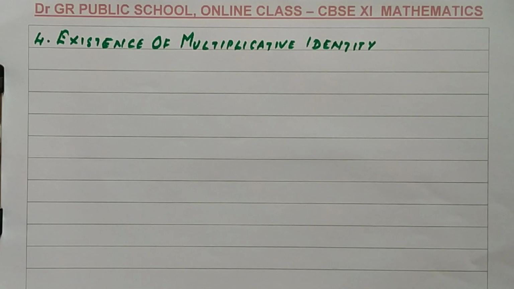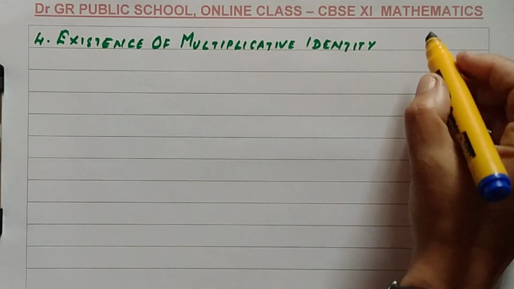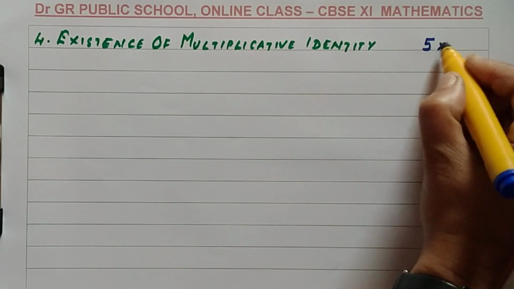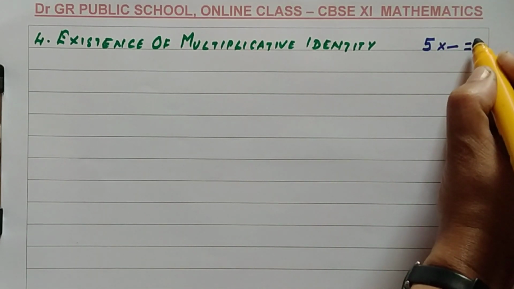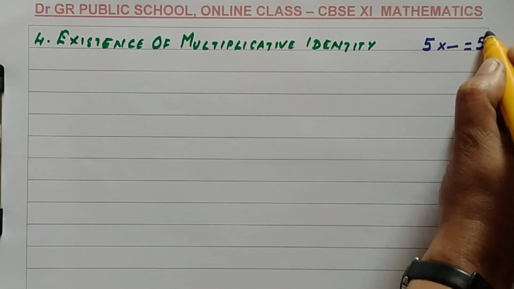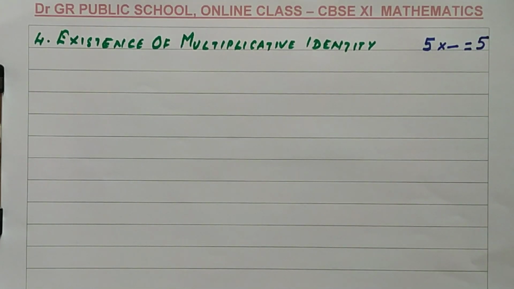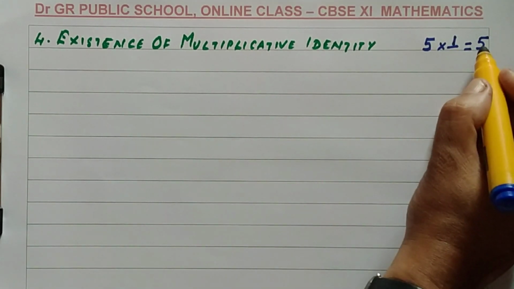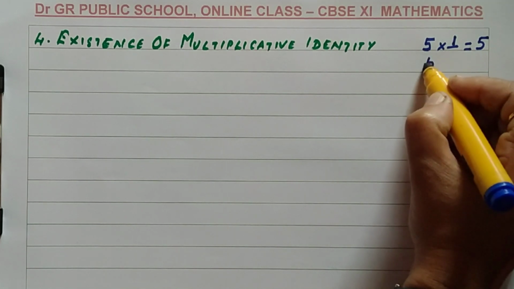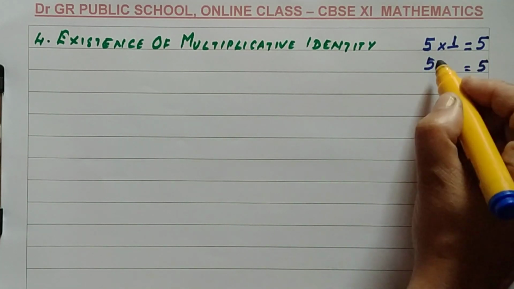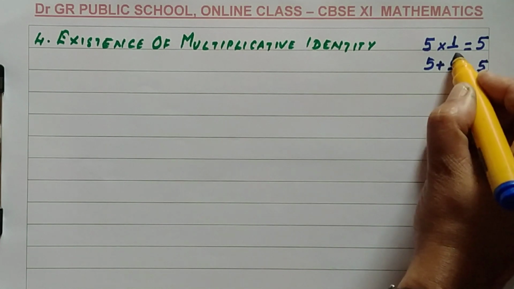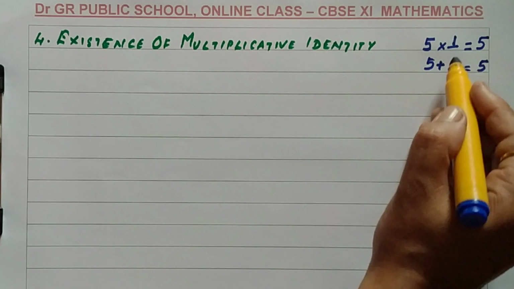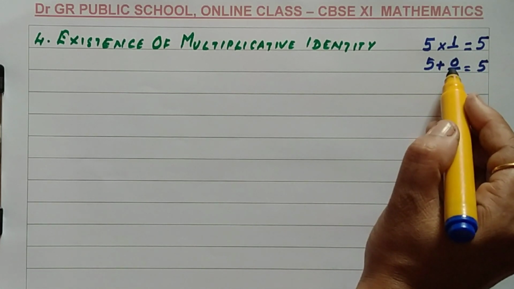To get the multiplicative identity, if 5 is a number, you need to multiply with something to get the same element 5. Here 1 is the number you need to multiply to get the same number 5. But in the case of addition, to get the same number, you need to add the identity 0. So 1 and 0 are the multiplicative and additive identity in the case of real numbers.